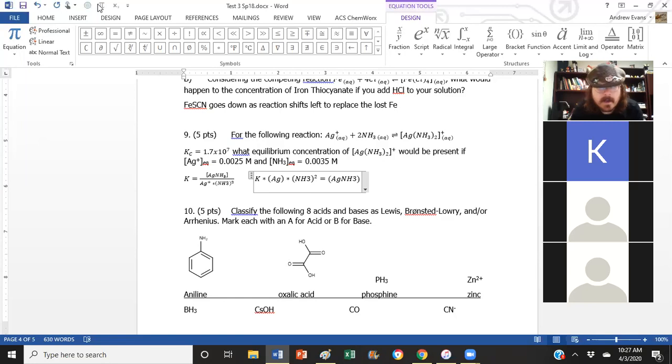So solving for that, this tripped up a lot of people on the last test. So 1.7 times 10 to the 7th, times my 0.0025, times my 0.0035 squared. So plugging that in, 1.49 times 10 to the second.